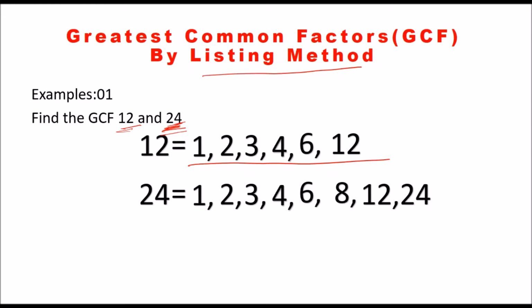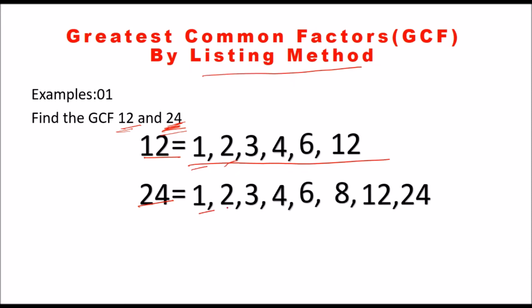Now we are going to look for the common factors. When I say common factors, we look for the numbers present in both 12 and 24. For example, 1 appears in both 12 and 24, so we can list it.